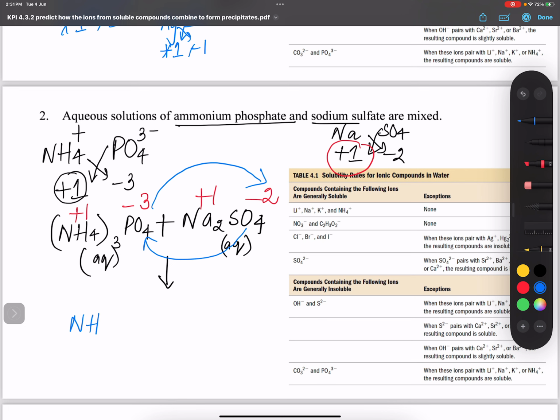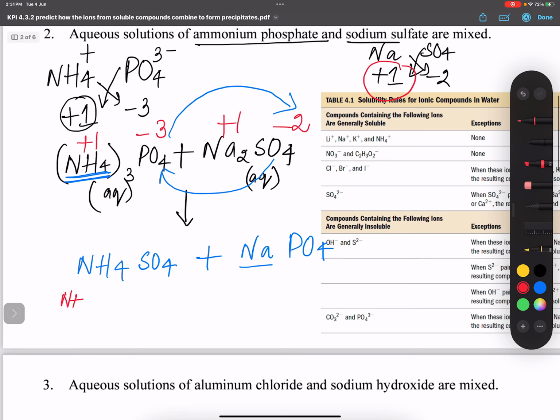So NH4 is with SO4 plus Na, just copy the atoms. This is polyatomic, so treat it as one unit, and PO4. Now you have to make the correct formulas. NH4 has gone with SO4.